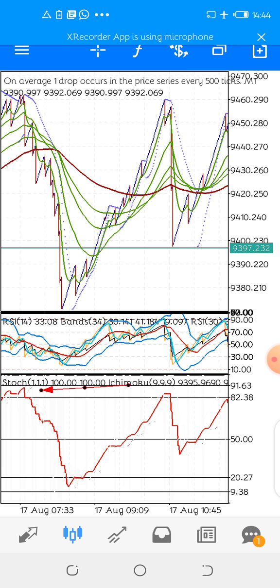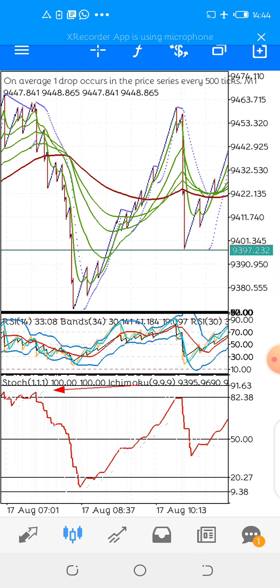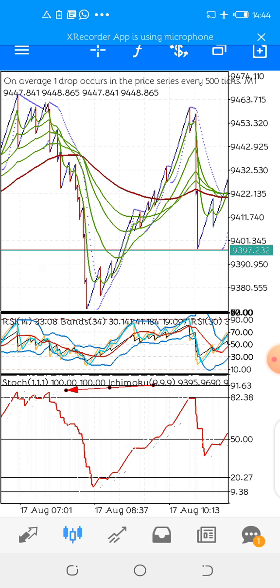So anytime your Ichimoku goes and touches level 90, so it has crossed 80, goes up, touches 90, and then starts coming down, as it crosses 80 on its way down, know that it will spike from level 80 all the way to 50 and reverse again to go up.